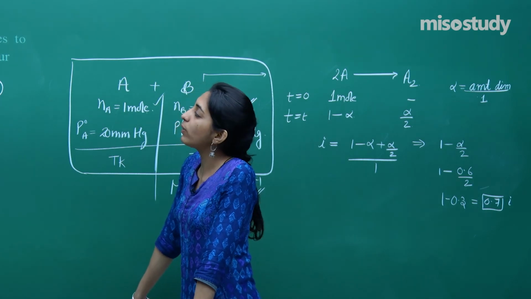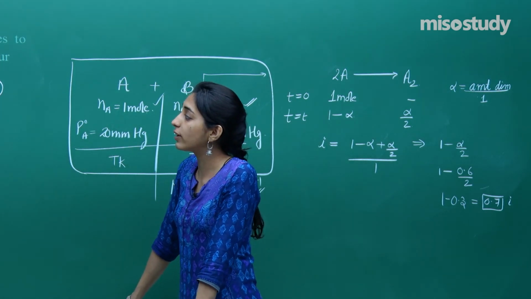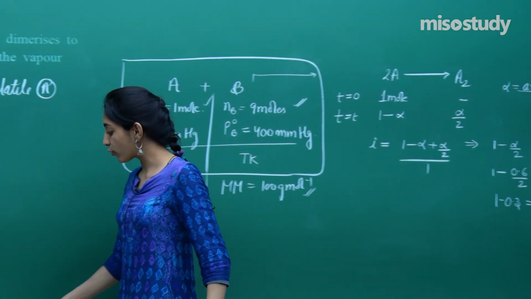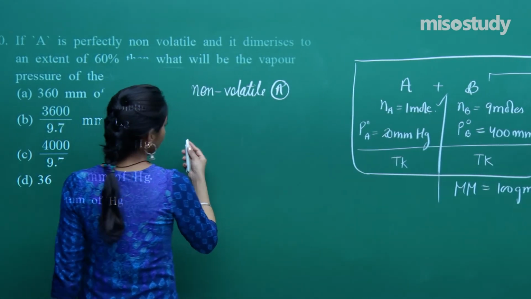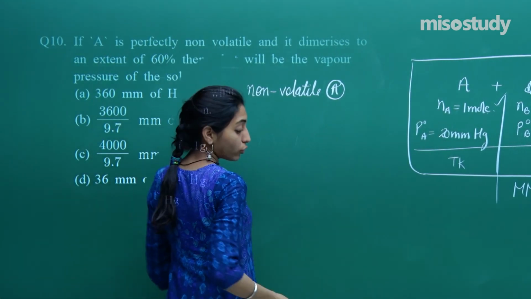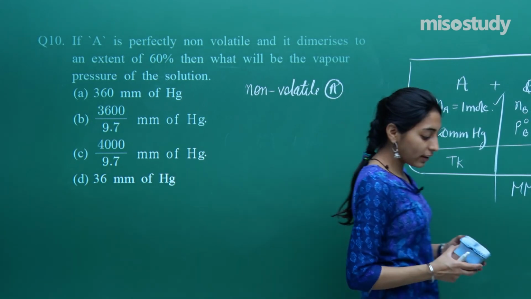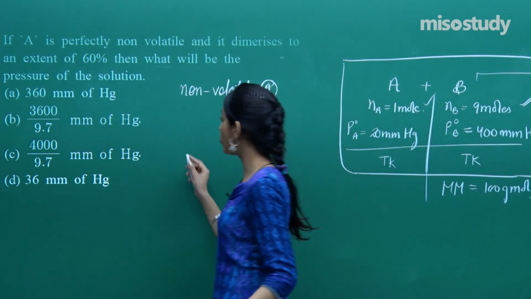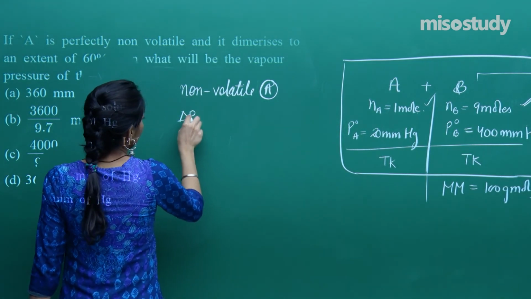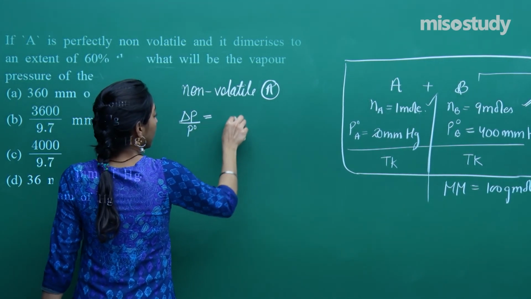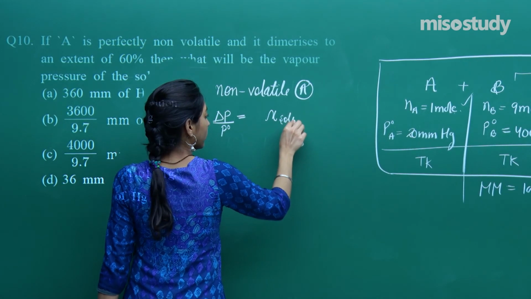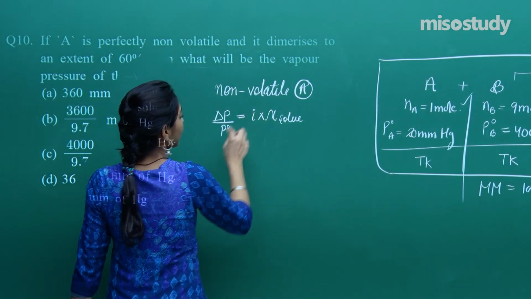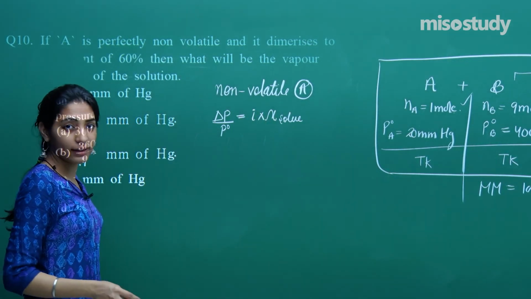Now he is saying what will be the vapor pressure of the solution. So once again, to calculate the vapor pressure, so see, now he is asking you to calculate the vapor pressure of solution. So don't you think I can once again do delta P by P naught is equal to mole fraction of solute, but this time multiplied with I. Okay.